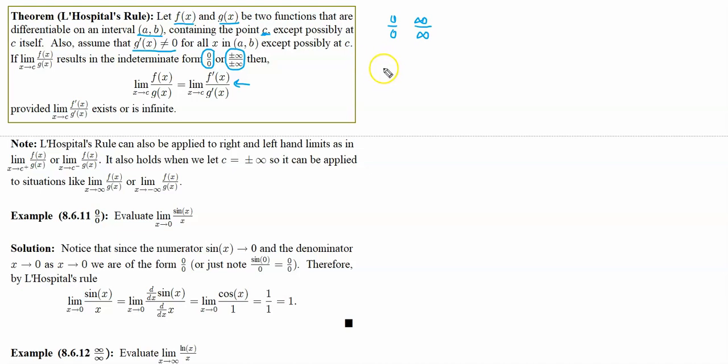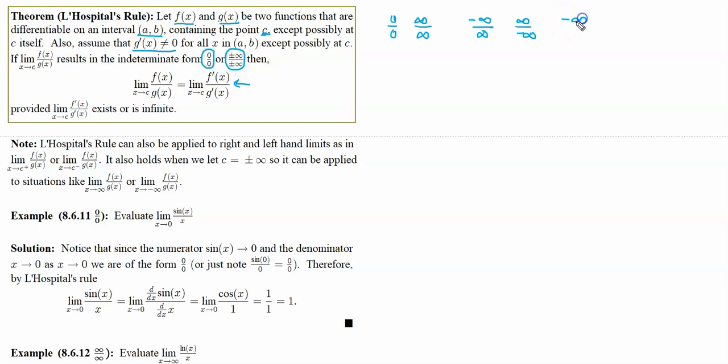Now notice just one thing in the discussion of this theorem before we look at some examples. You notice how we're using indeterminate forms plus minus infinity over plus or minus infinity. Before we just stated infinity over infinity. Well, if this is an indeterminate form, then so is negative infinity over infinity, or infinity over negative infinity, and all the combinations thereof.